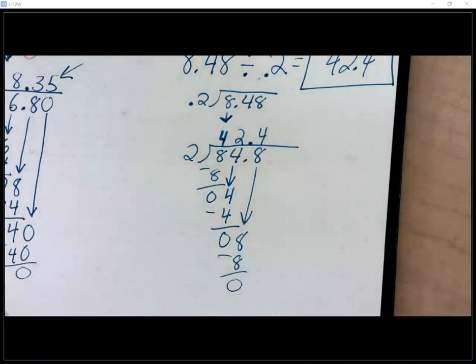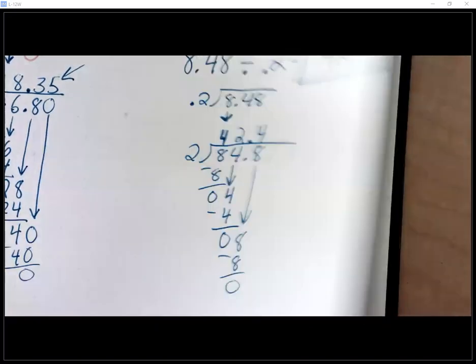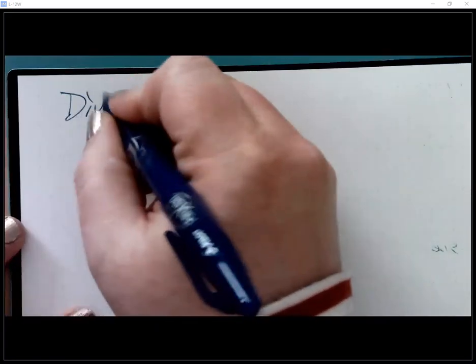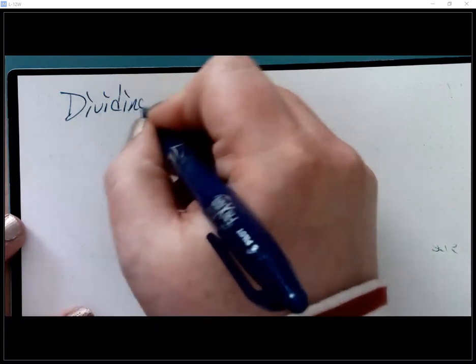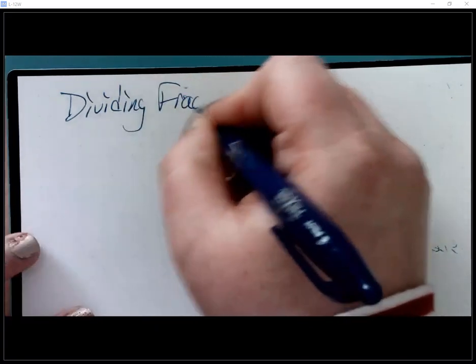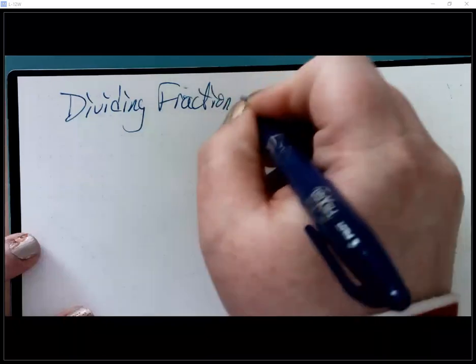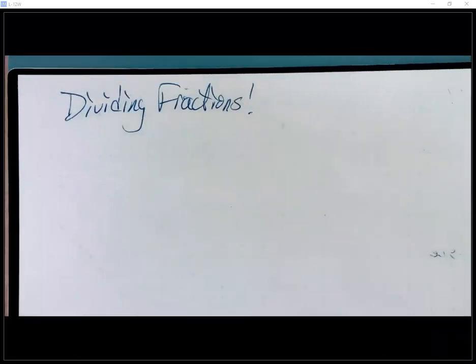I got to flip the page. All right, fraction action. Dividing fractions. So let me give you a couple of step-by-steps real quick.